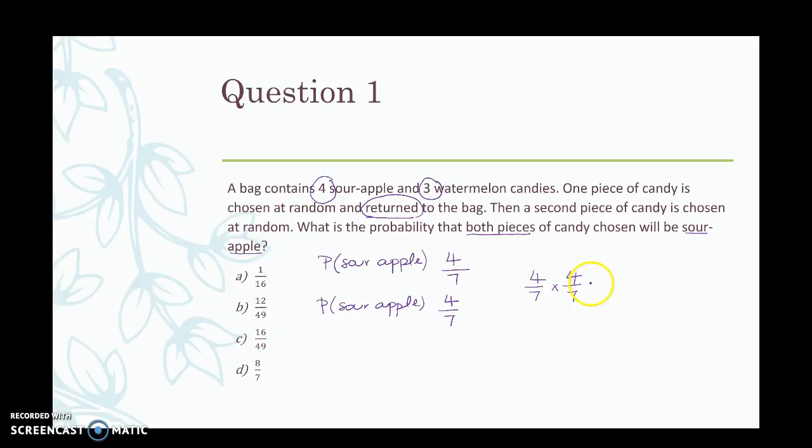So 4 times 4 is 16, 7 times 7 is 49. Can either of those be simplified? No, they don't really have any common factors. So that's our answer. Number 1 is C.